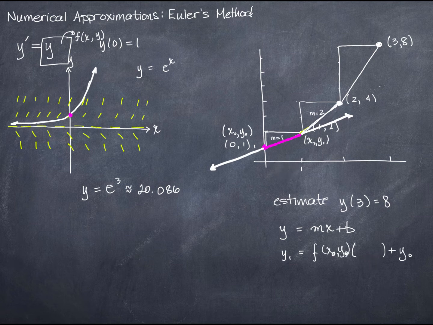I'm kind of multiplying each slope movement by whatever this distance is. And in this case, it's going to be this 1 here minus the old x value. So 1 minus 0 is 1. And when I multiply that by anything, it returns the same result. So that's why we didn't see that in the initial version of the problem that we did.